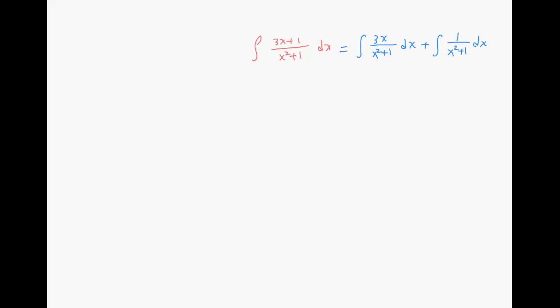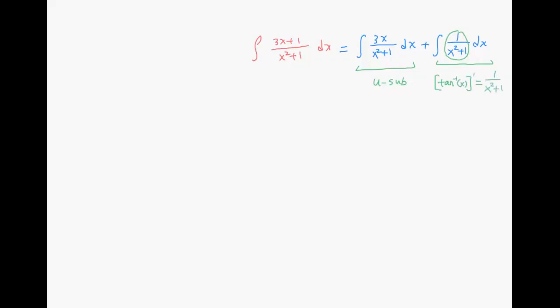So here we can consider applying the u sub. For the second one, because of the special structure, 1 over x squared plus 1, the antiderivative is actually available. We do have a formula, tangent inverse x. If we take the derivative, that will be 1 over x squared plus 1.